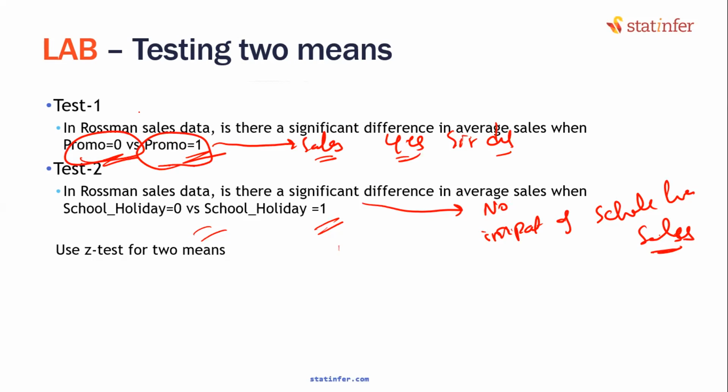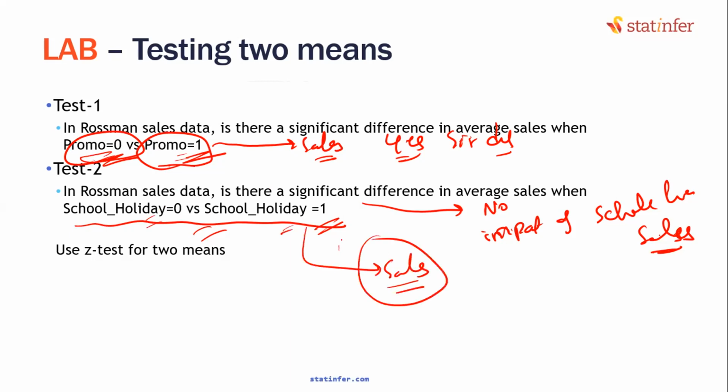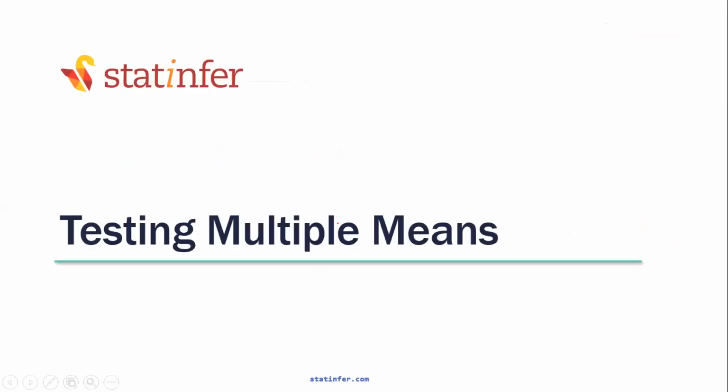So this way you can tell for these categorical variables, promotional offer 0 or 1 and school holiday 0 or 1, versus the target variable sales, whether there is an impact or not, using the testing of hypothesis. You can also do the testing for multiple means.